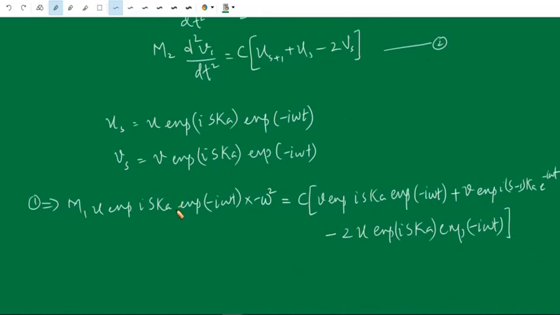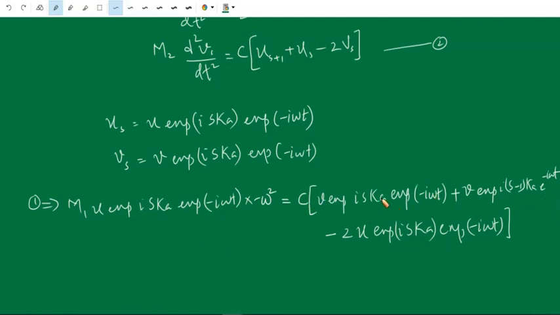So you can simplify here: u exponential i s k a exponential minus i omega t is there, and v exponential i s k a exponential minus i omega t is there. So this exponential i s k a exponential minus i omega t is there in all these terms.